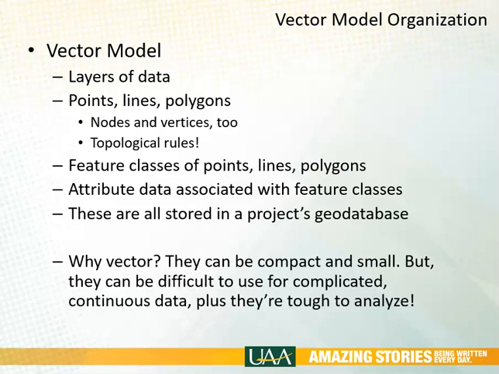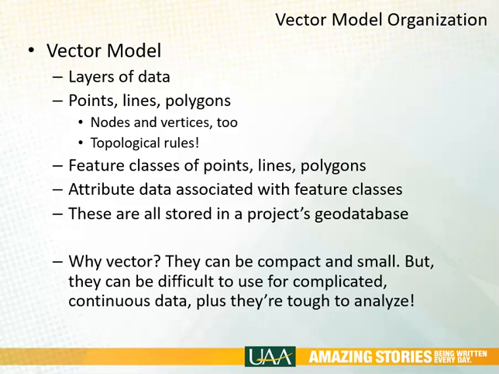Why would we use a vector model? And this is important to contrast to raster models that we'll use a little bit later in the course. Well, they can be relatively compact and small. They can, however, be a little bit difficult to use. They don't have the same ability to be used over continuous areas as seamlessly as raster data, and so sometimes they can get a little bit messy.